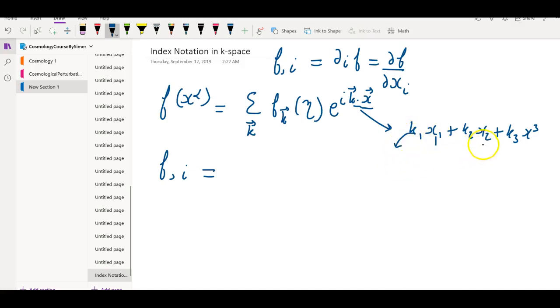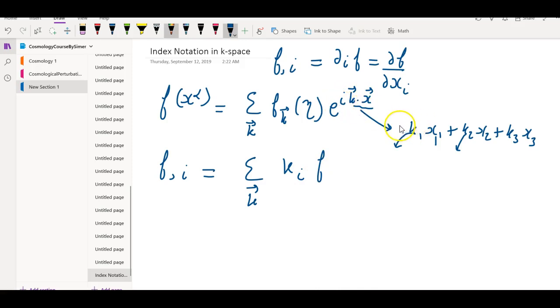If I am taking the derivative with respect to x2, k2 will come in front. Taking the derivative with respect to x3, k3 will come in front. So if I'm taking the derivative with respect to i, k_i will come in front.